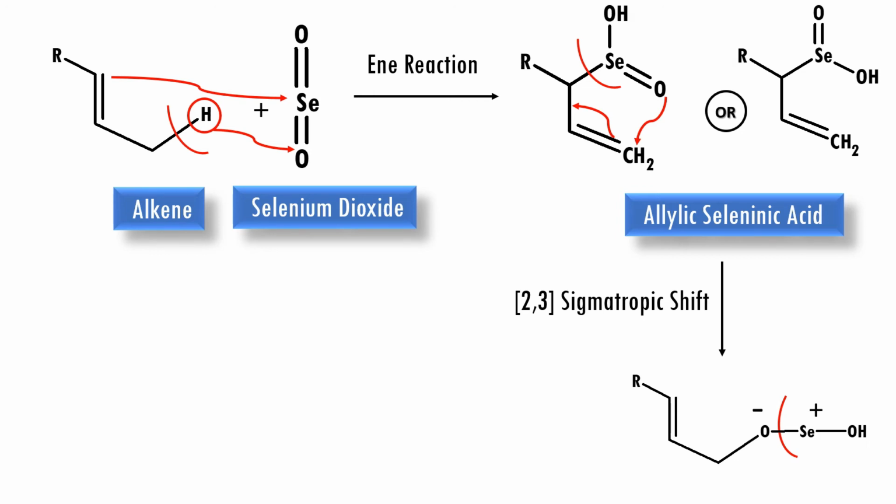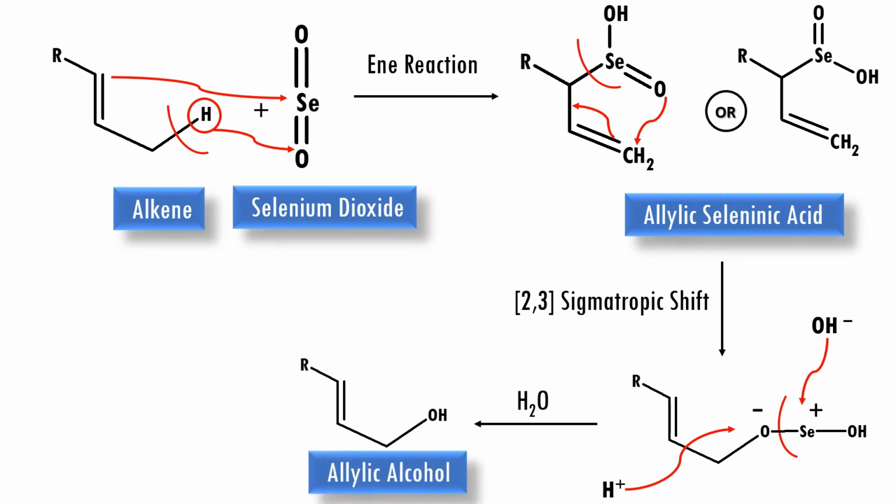Now hydrogen from water will attack the oxygen minus, and OH minus from the water attacks the selenium plus, and it is converted into allylic alcohol and H2SeO2.